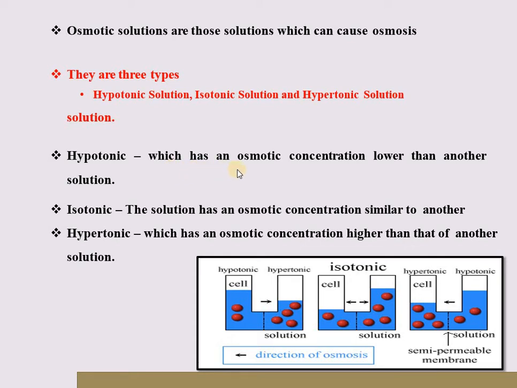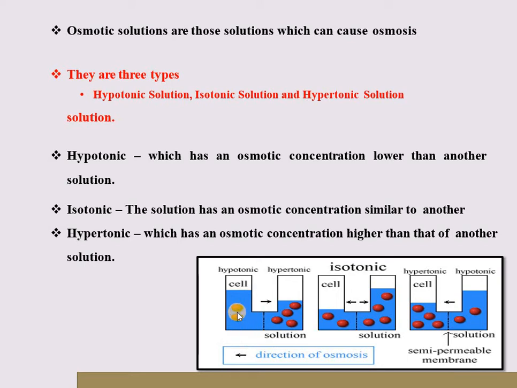Hypotonic is the one in which the osmotic concentration is lower than another solution. That is, its concentration level is low. Hypertonic solution is the one where the osmotic concentration is higher than the other solution or surrounding solution. And isotonic solution is the one where the osmotic concentrations are similar to one another.